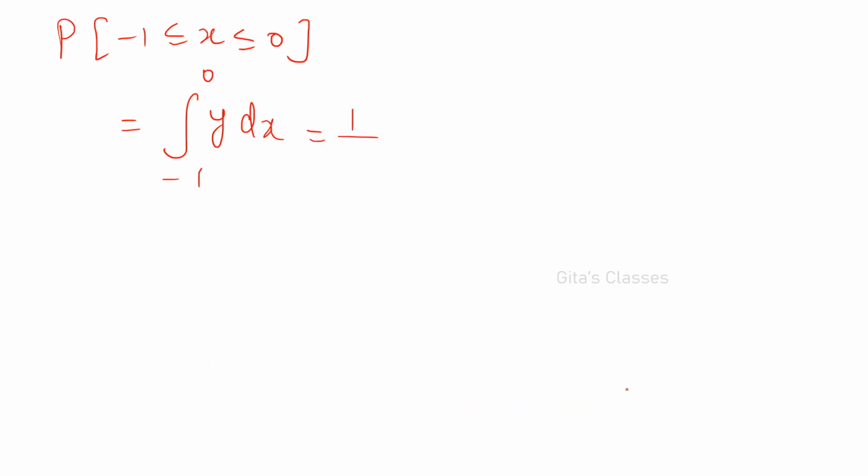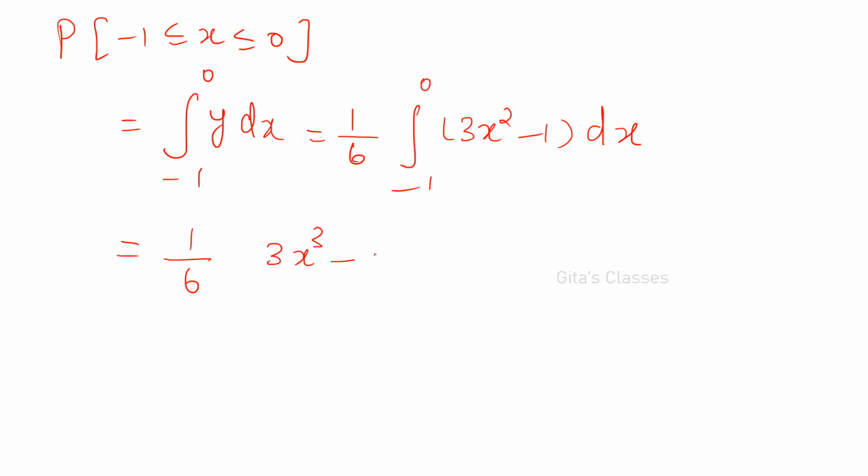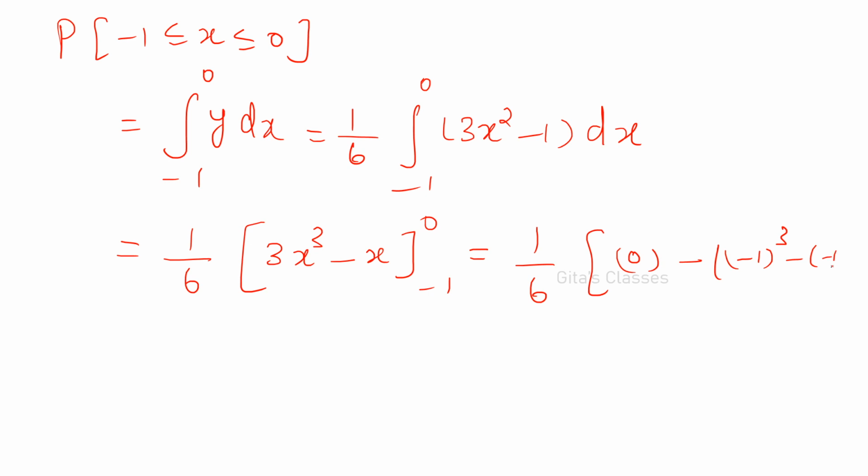Okay. 0 otherwise. So minus 1 to 0, 1 by 6. K is already 1 by 6, we have found out. Integral minus 1 to 0, 3x squared minus 1 dx, which is equal to 1 by 6 into x cubed minus x from minus 1 to 0, which is equal to 1 by 6 into, when you substitute the upper limit, x and x cubed will become 0, and for the lower limit it will be minus 1 the whole cube minus of minus 1.